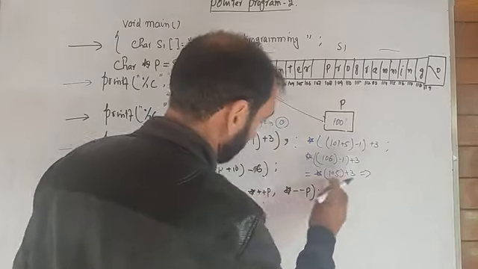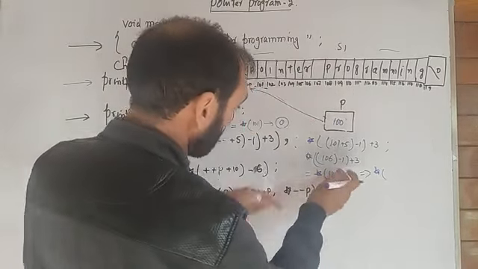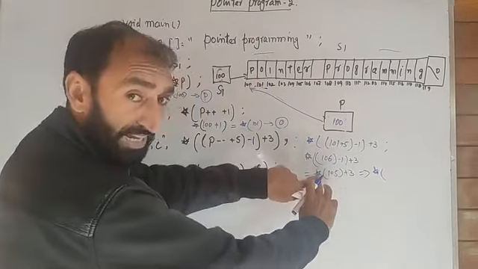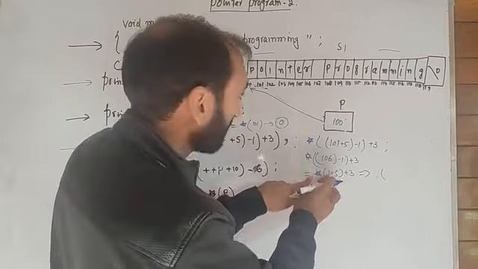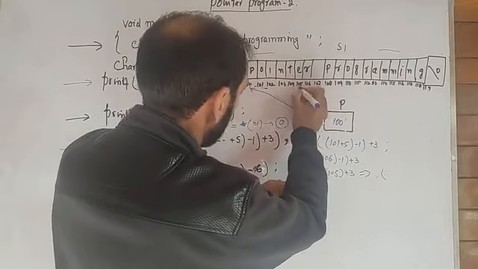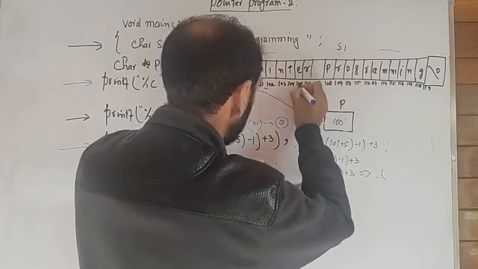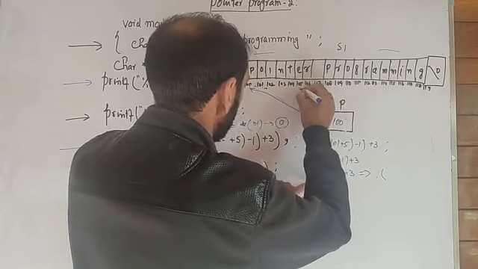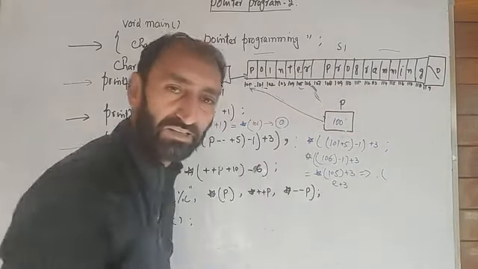That will give us... What is the value? This is the indirection operator. It will return the value at 105. What is the value at 105? The value at 105 is this location, E. It will return E plus 3.